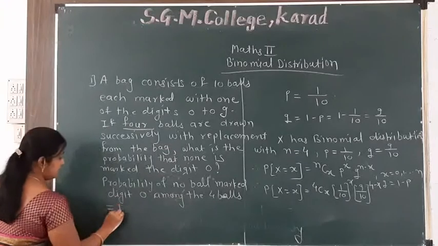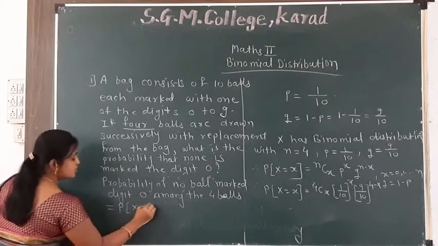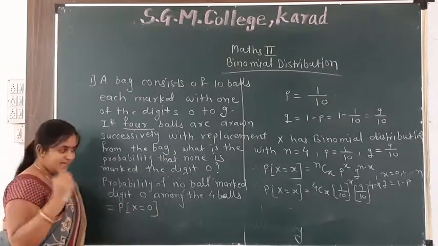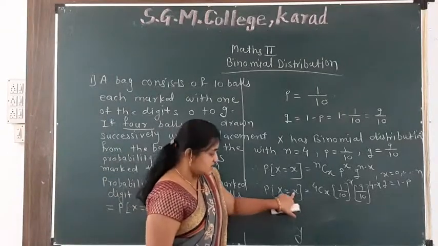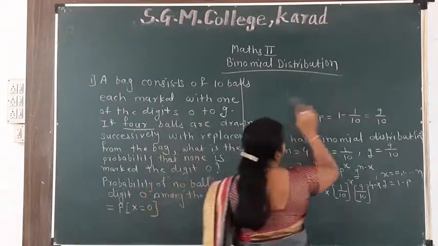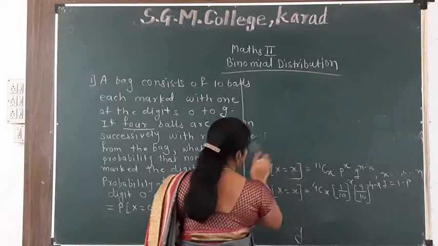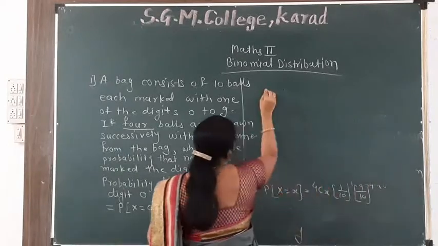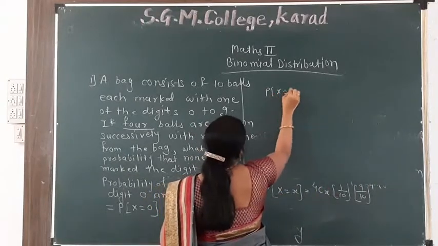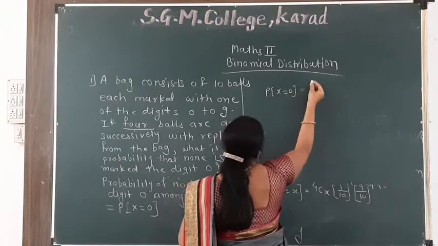That is P of x equal to 0. So wherever it is small x, we substitute 0.